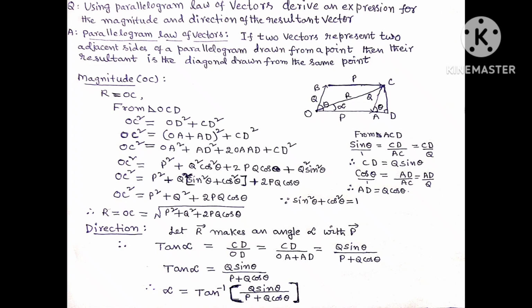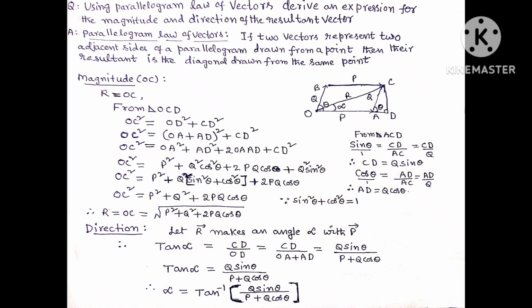OC square is equal to, instead of OD, we write (OA plus AD) whole square plus CD square. That implies OC square is equal to OA square plus AD square plus 2 OA AD plus CD square.